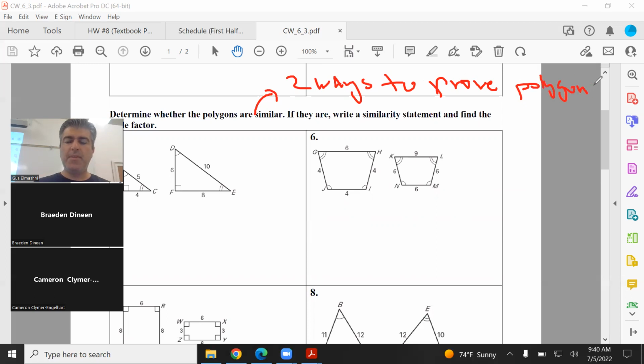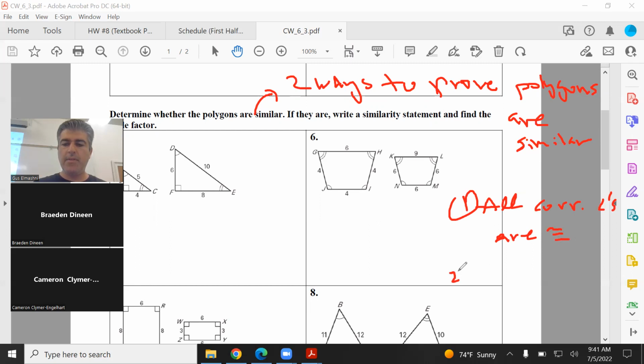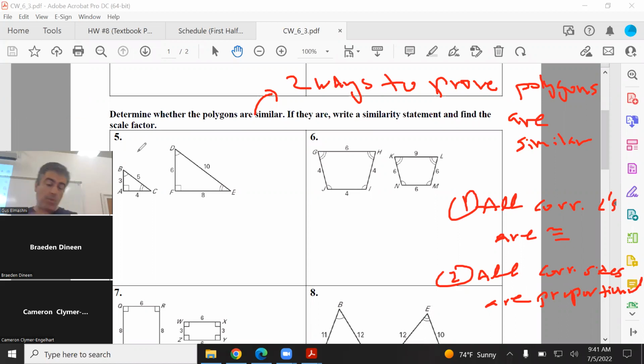But for polygons generally, 2 ways to prove polygons are similar. All corresponding angles are congruent. All corresponding sides are proportional. Those are your 2 ways. For a triangle, you could also do side angle side. I'll cross that bridge later with you guys.